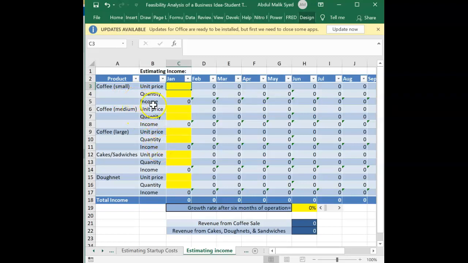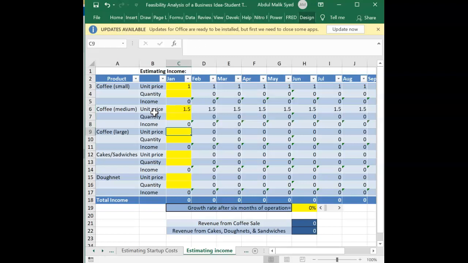Okay, so let's assume that the unit price for a small cup is $1. $1 is how much? It is around 4. Okay, so let's say the small cup of coffee is costing 1 unit price. Okay, and then the medium is costing say 1.5.